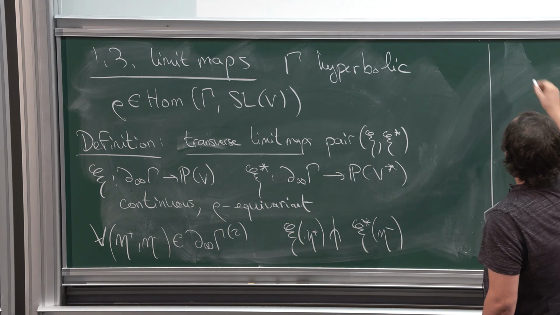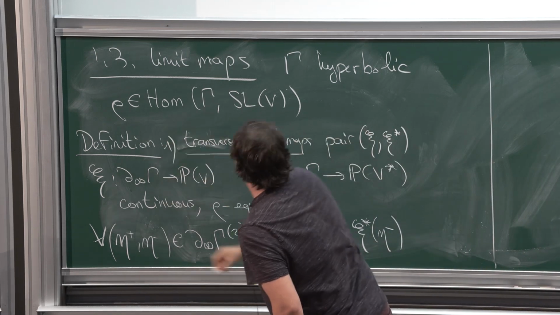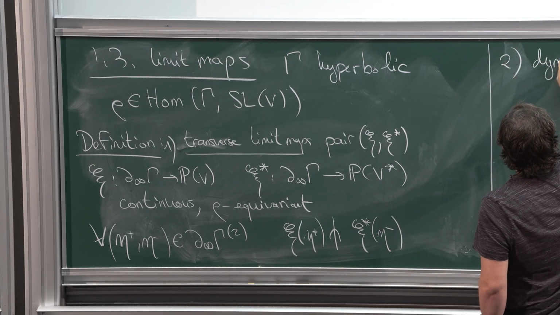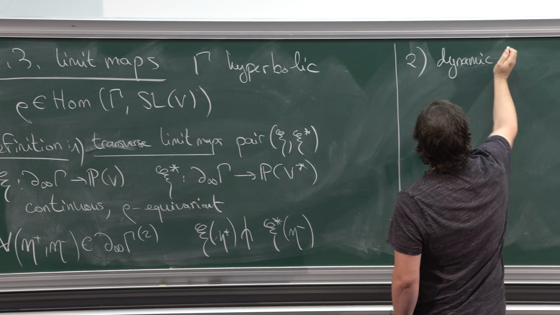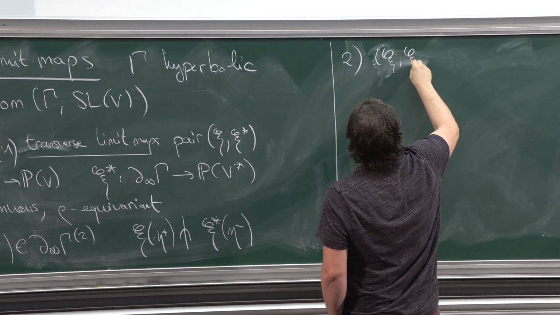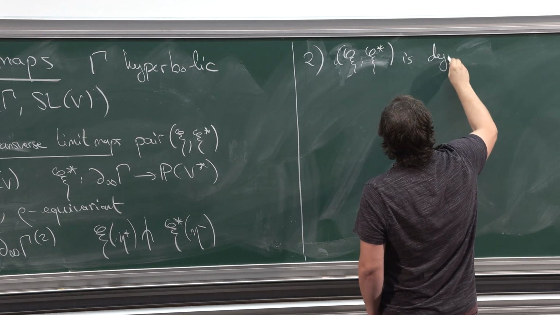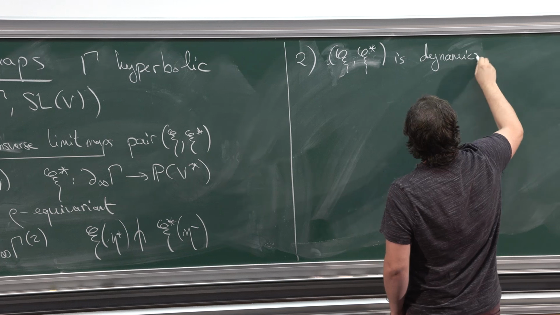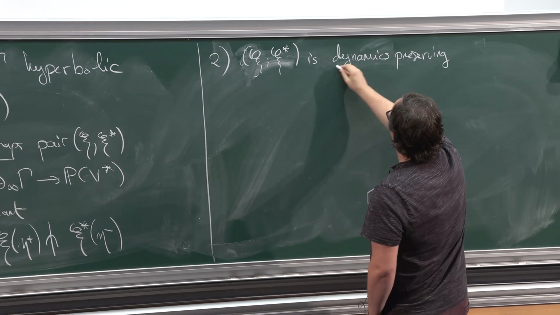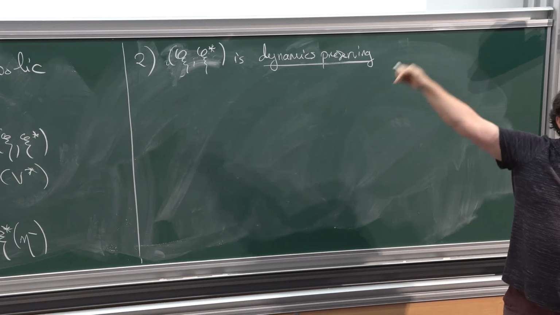So the first property, maybe that was the first item of the definition. The second one would be dynamics preserving. Well, I should be saying that psi and psi star is dynamics preserving. And that will be a notion essentially on the dynamics of individual elements of gamma.